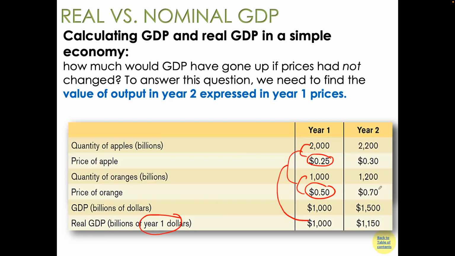Now, when you calculate year 2, things become different. You use this quantity times this price, and this quantity times this price. All right? So now you sum these two together and you get a number here.